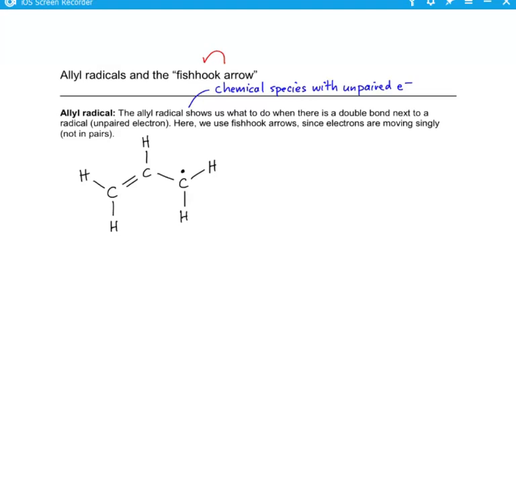So this is what we're going to do. We're going to take two electrons from the double bond, but we're going to split them up. We're going to put one on this carbon, and we're going to team the other one up in a new double bond with this electron on the right-hand carbon. So the result of those arrows looks like this.